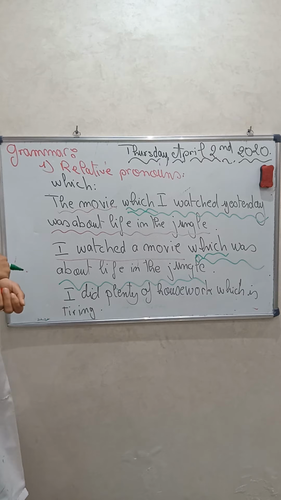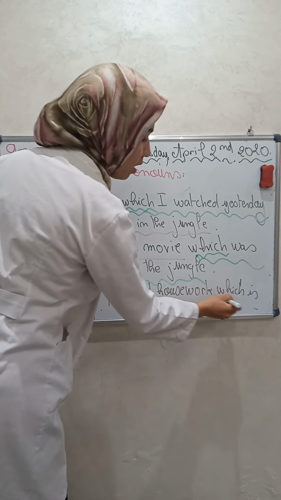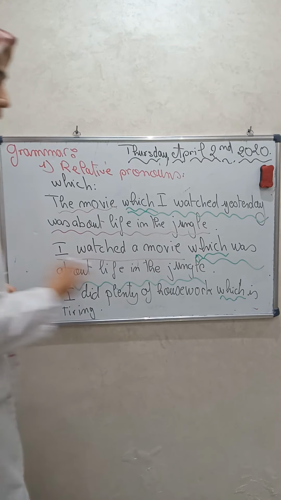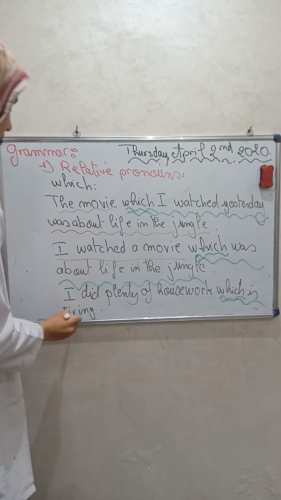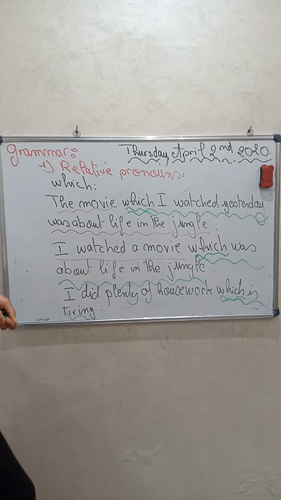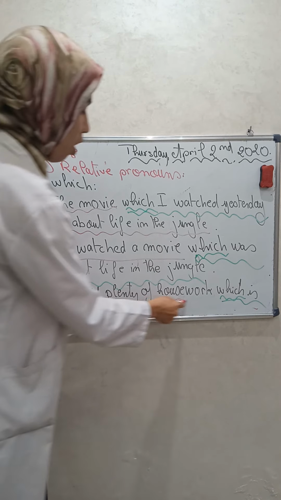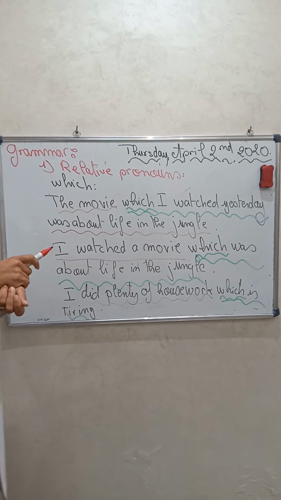So I did plenty of housework, which is tiring. The relative pronoun is which. The relative clause is which is tiring. And what is left is I did plenty of housework. Okay? So these are examples with which.